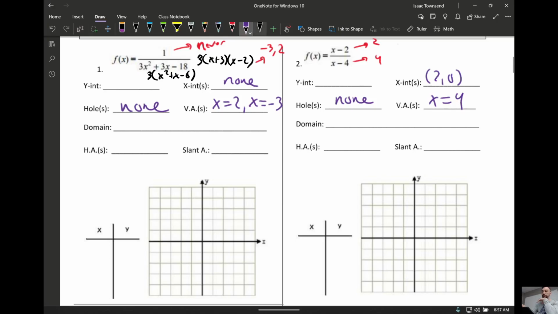Of course, points show up as a point. Asymptotes need to show up as dashed lines. So x equals 4, x equals 2, and x equals -3. Now, the asymptotes are actually going to be really helpful for our graph here in a minute.